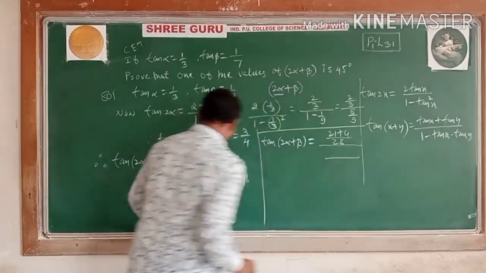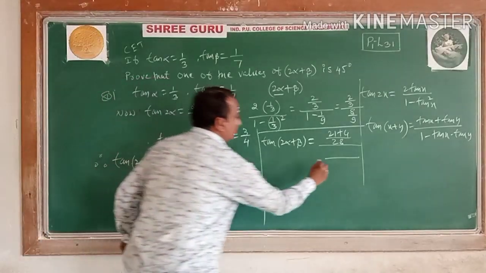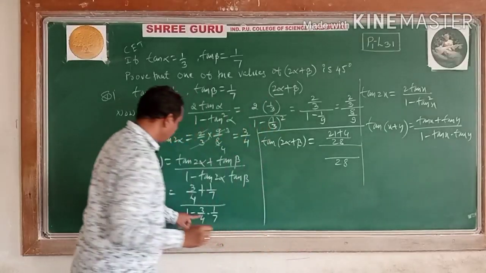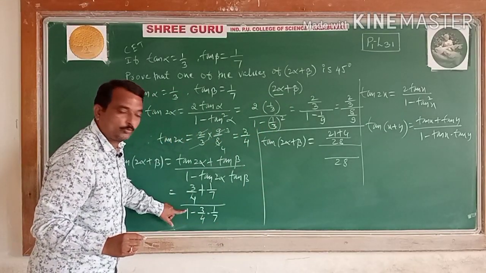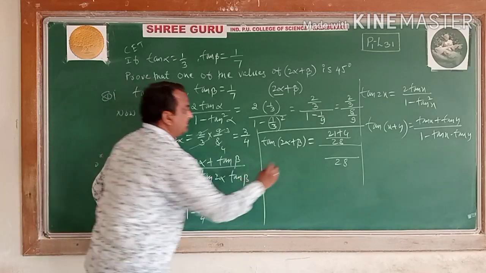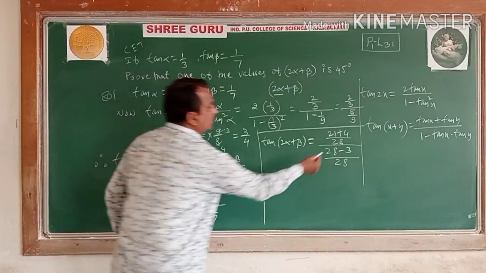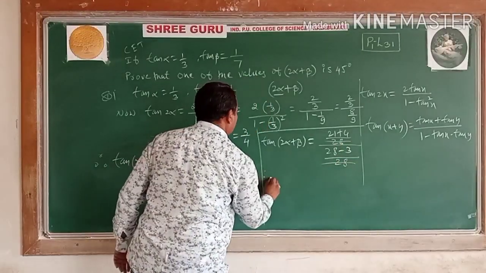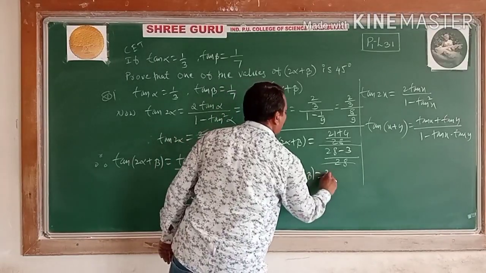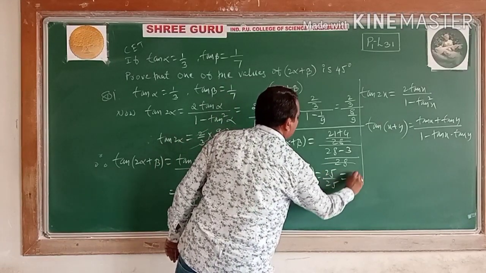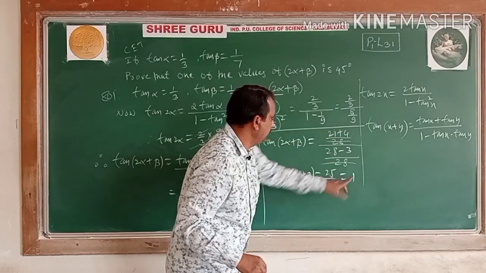In the denominator also taking LCM 28, 28 minus 3, since 3 into 1 is 3. So this 28 gets cancelled. Therefore tan of 2 alpha plus beta is equal to 25 by 25. How much is it? 21 plus 4 is 25, and 28 minus 3 is 25. It becomes 1.